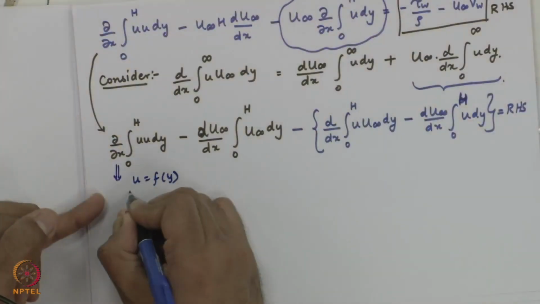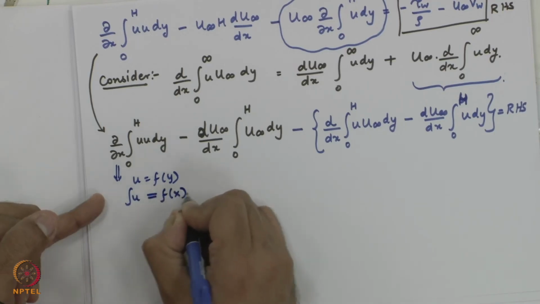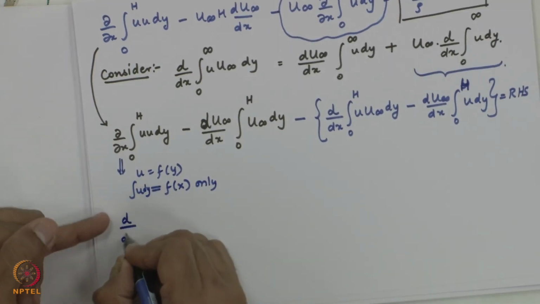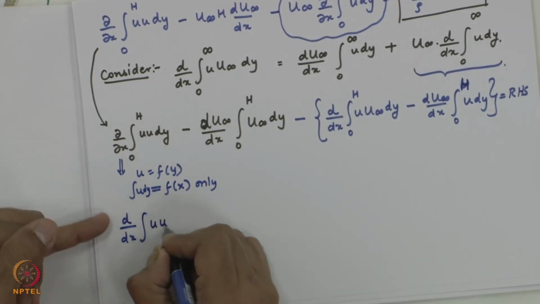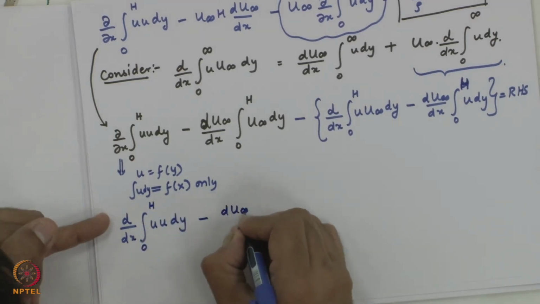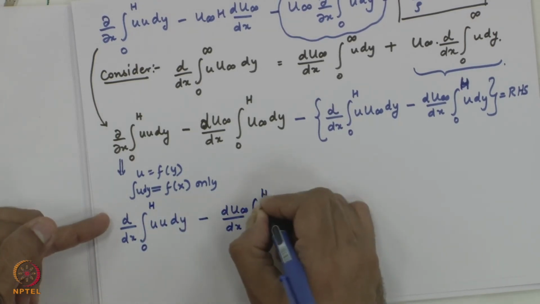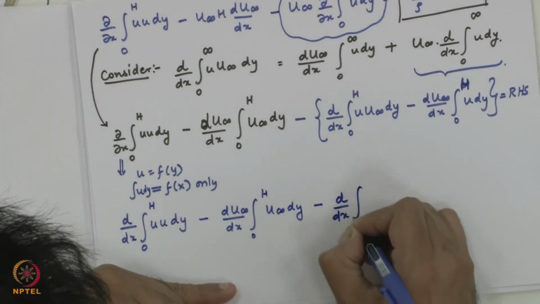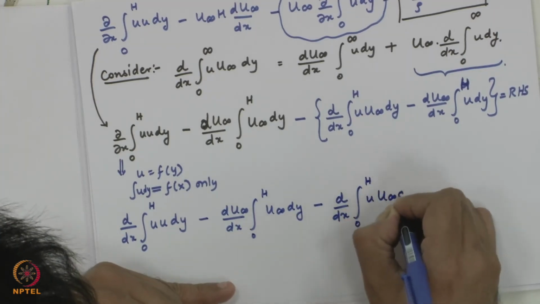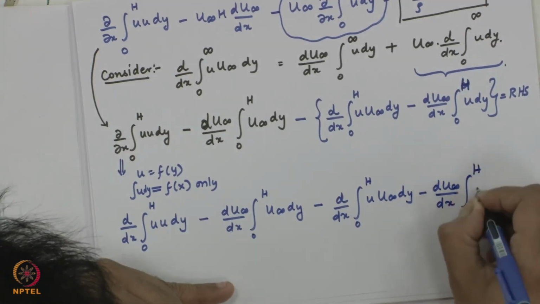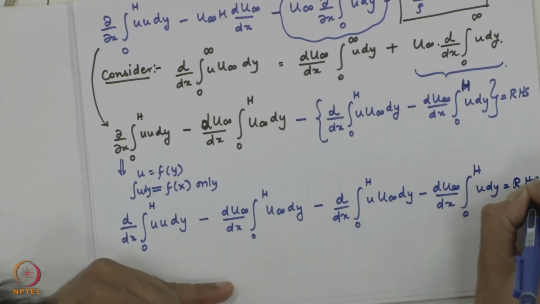Integral u dy is only a function of x. Therefore, this is going to become d by dx of integral 0 to h u squared dy minus d by dx of integral 0 to h u infinity u dy minus du infinity by dx integral 0 to h u dy equal to right hand side.